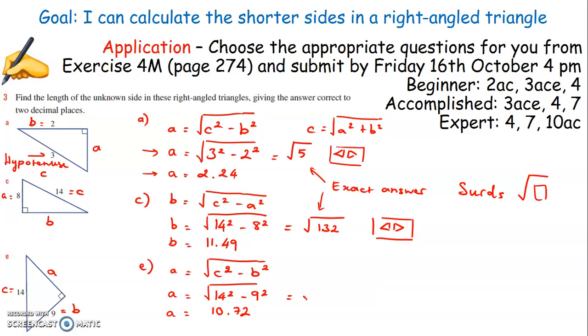So if your calculator gives you the square root of 115, you know that you've got the right answer there. You just need to press this button here to change it to a decimal number.